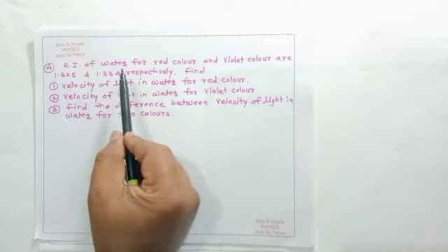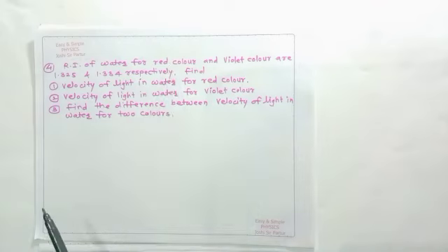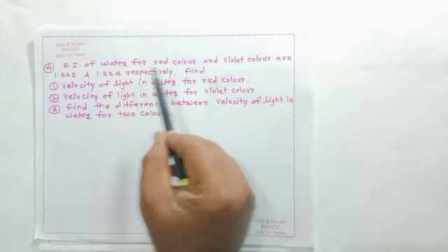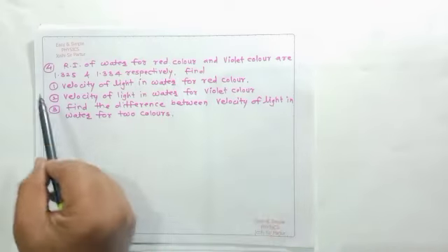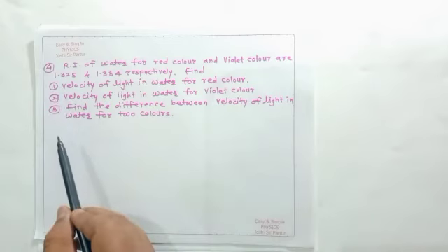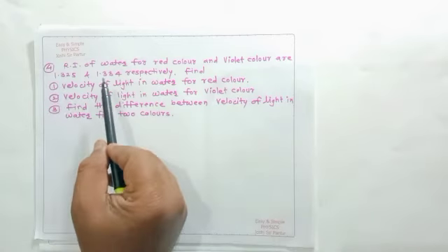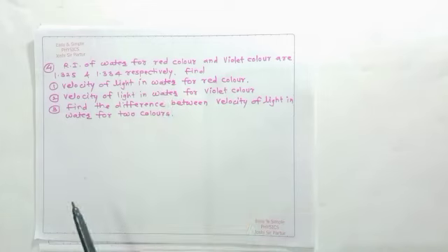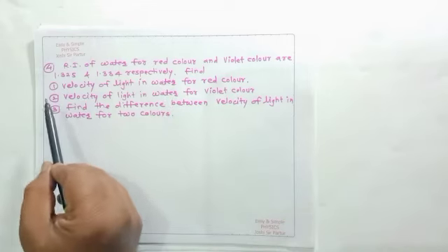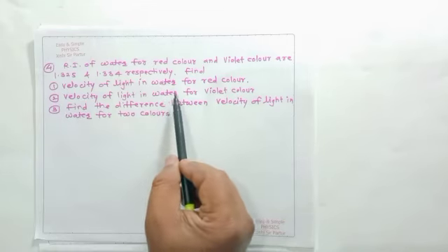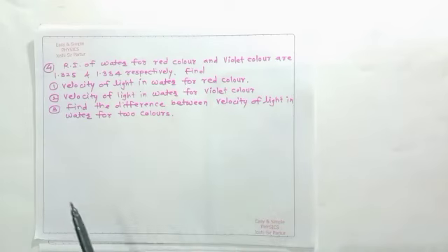The refractive indices of water for red color and violet color are 1.325 and 1.334 respectively. Number 1, find the velocity of light in water for red color.